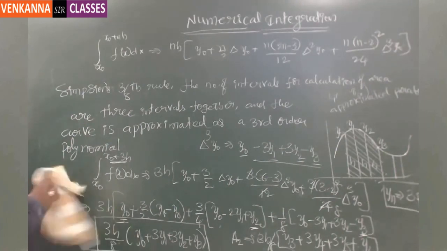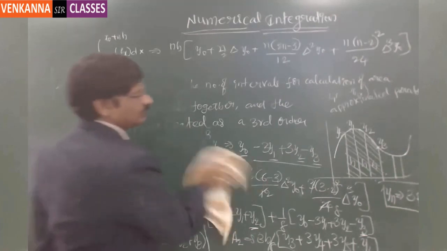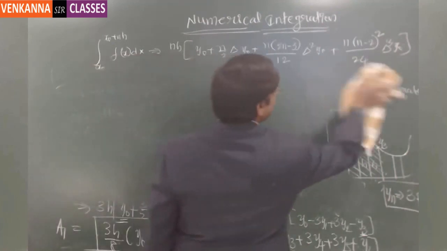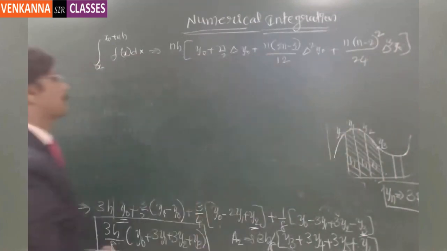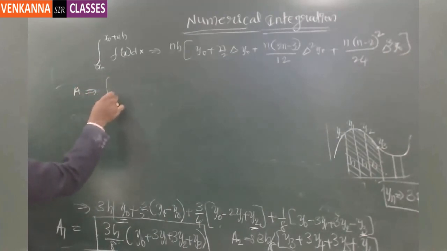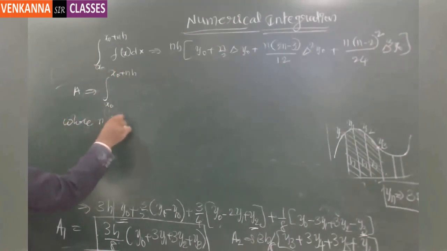Okay. So now this simplified formula for Simpson's 3/8 rule is: area is equal to integral from x0 to x0 plus nh, where n is equal to 3 times p. So this is the rule.